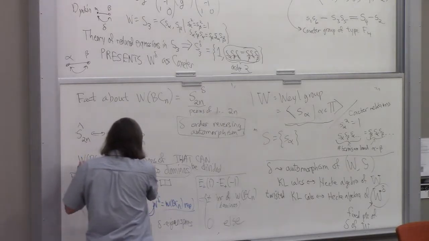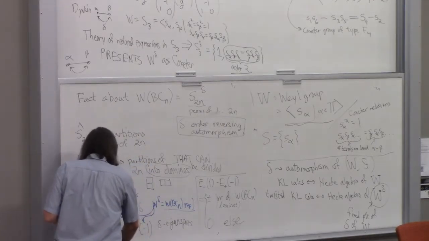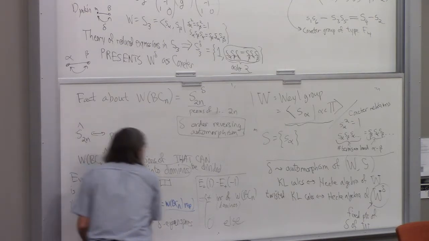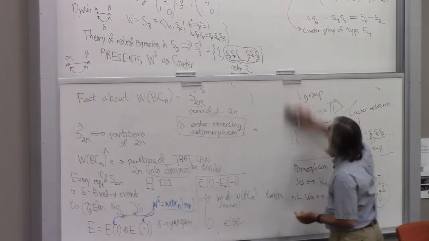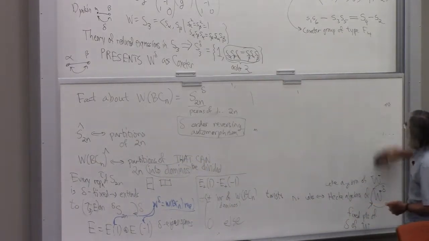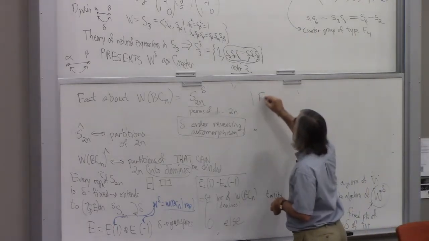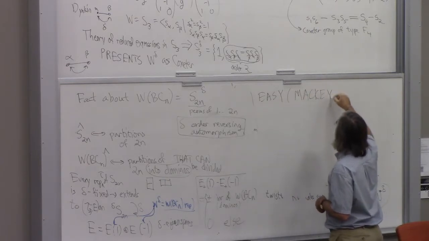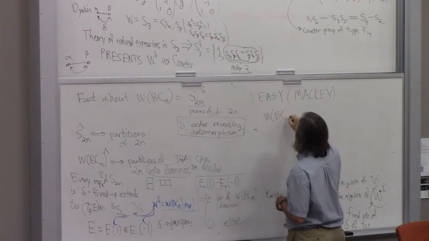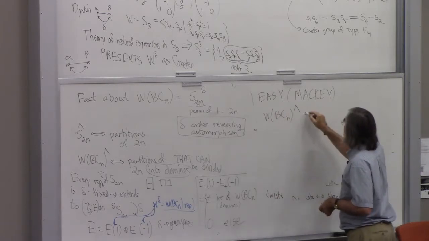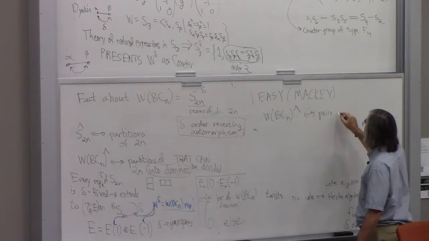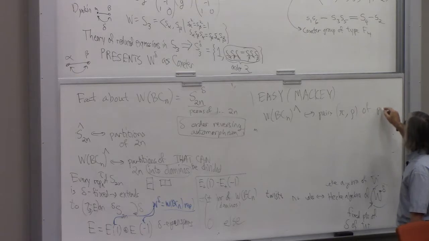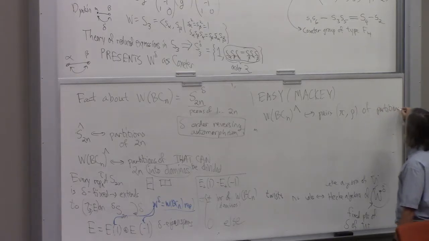For the fact that the representations of the hyperoctahedral groups, an aspect of this, what's easy, this is Mackey theory. It says that if you take the Weyl group of type BC_n, the irreducible representations correspond to pairs of partitions, pi and rho, of sizes adding up to n.